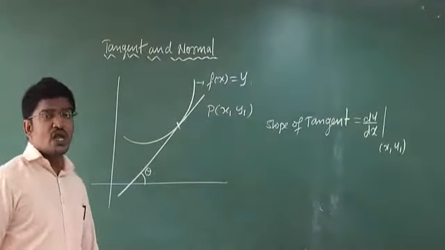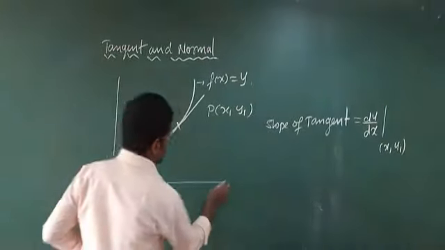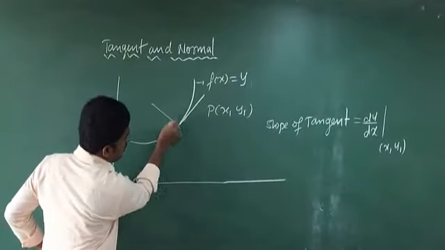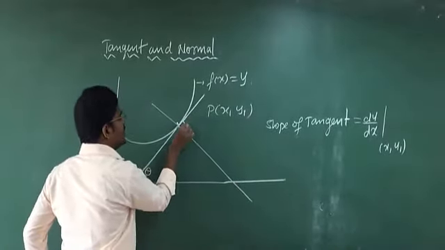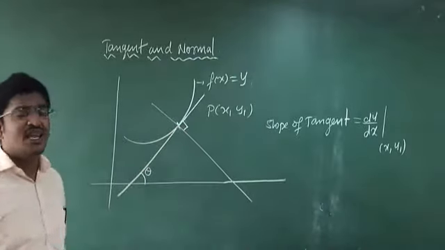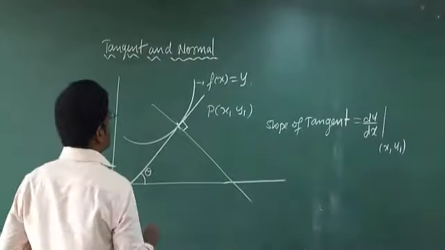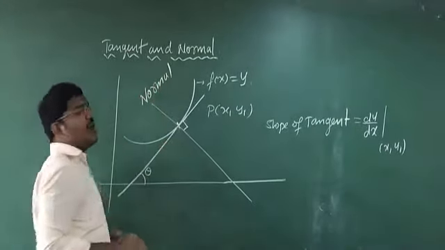Clear? So now the normal is the line drawn perpendicular to the tangent. A line drawn perpendicular to the tangent is called the normal. Are you clear?